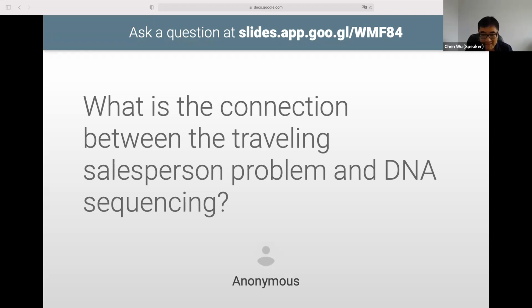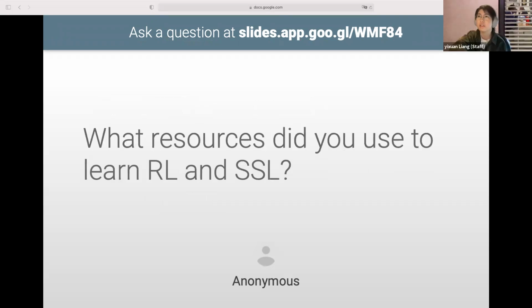Another question is whether there are any resources you use to learn RL or SSL. Good question. SSL is really new. It was proposed maybe back in 2008 or so, when Hinton had the first paper on SSL, this kind of idea of regenerating or reconstructing something. SSL papers are really hard to read.